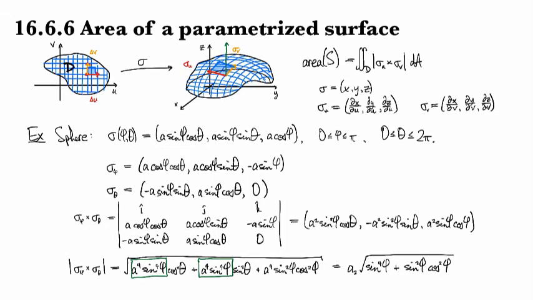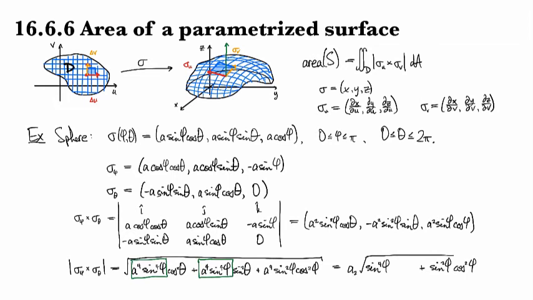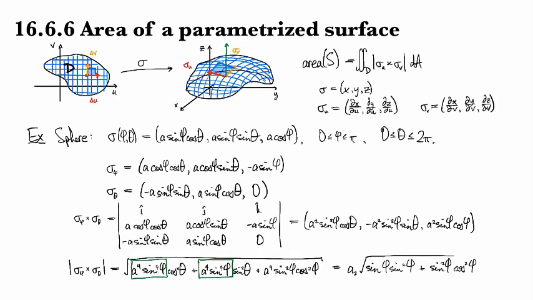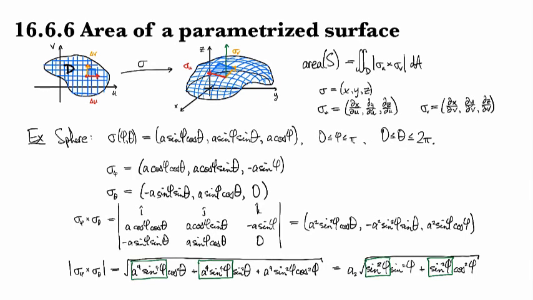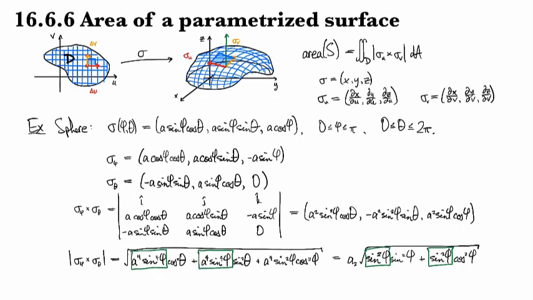And then this one here, if you squint your eyes, I can rewrite this as sine squared phi squared. And then I've got that there's a sine squared phi common to both of these, so I can factor that out, and I'm left with another Pythagorean identity. And so then I can just pull out that sine, and I end up with A squared sine phi, which totally should be familiar to you because of what you know about the Jacobian of spherical coordinates, right?